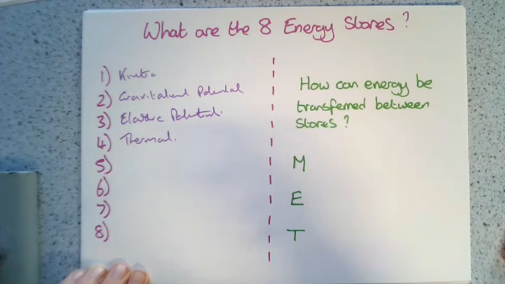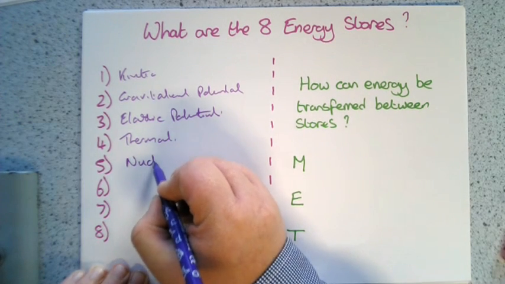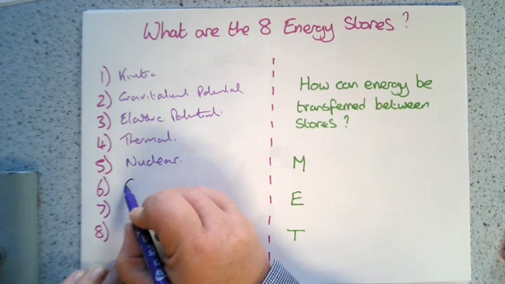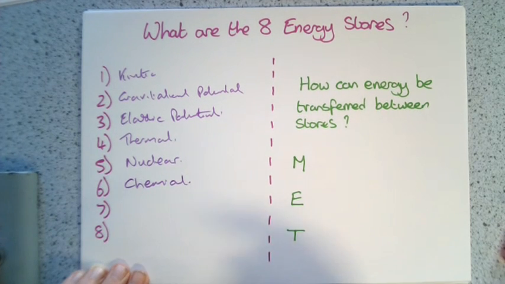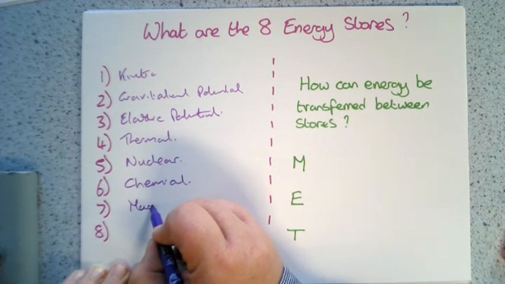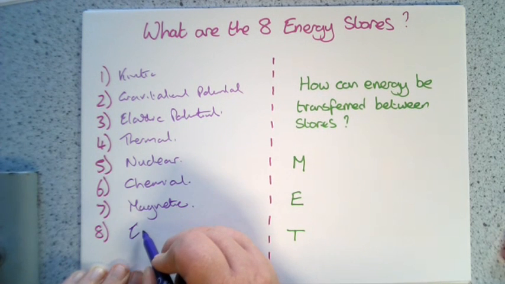Okay. We've also got nuclear from the atom. We've been enjoying some food, so that links into chemical. Okay. Then there's two that we often don't think about, and they are magnetic and then electrostatic.